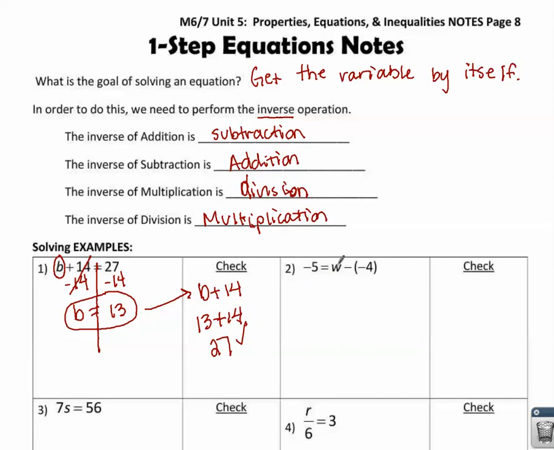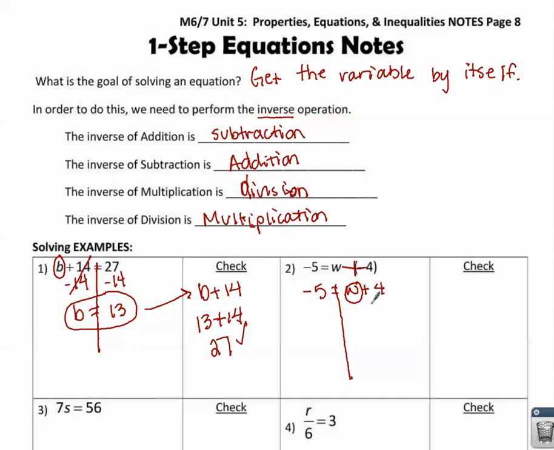For number 2, negative 5 equals w minus negative 4. Anytime you have minus a negative, you need to rewrite it so it is plus a positive. Okay, so negative 5 equals w plus 4. Draw your line. Find your variable.